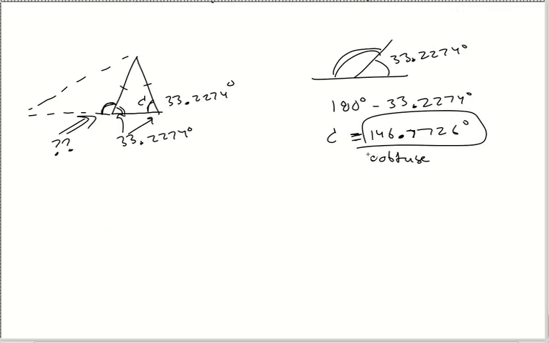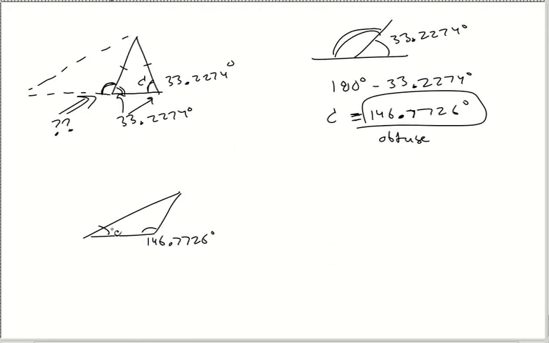So we got our angle C now, and I want to solve the rest of that triangle. Remember that this is the obtuse one. So what we got here is the 146.7726. This was always our, what was that angle? 26 degrees. This is 24 length, and this guy was a 30. So what I need to find here now is my A and then little a down over here. These are my unknowns.